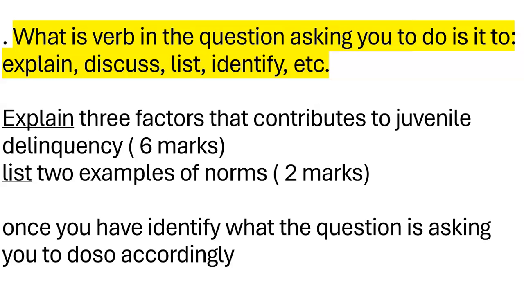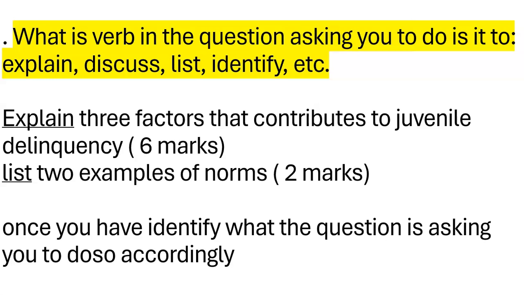Based on this question, which is asking us to explain 3 factors, we cannot just write the answer. 3 factors that contribute to juvenile delinquency are lack of love, poor parenting, depression, and that's it. You will not receive 6 marks for doing that.